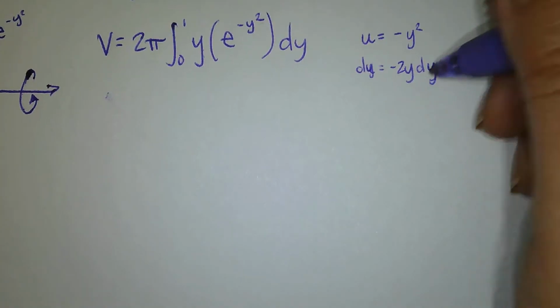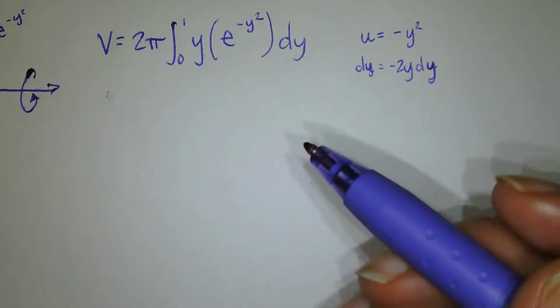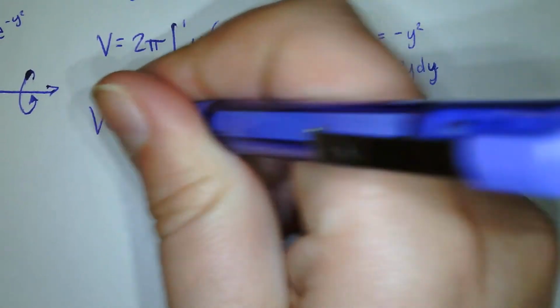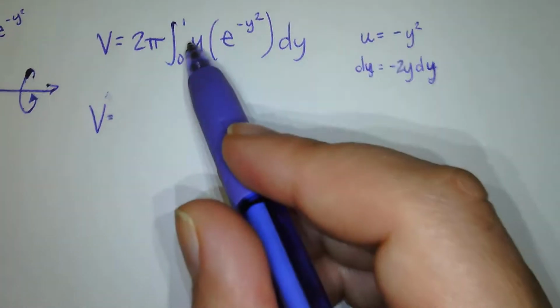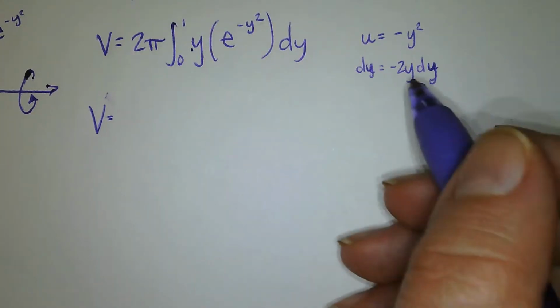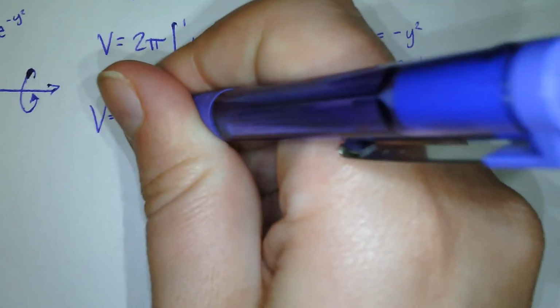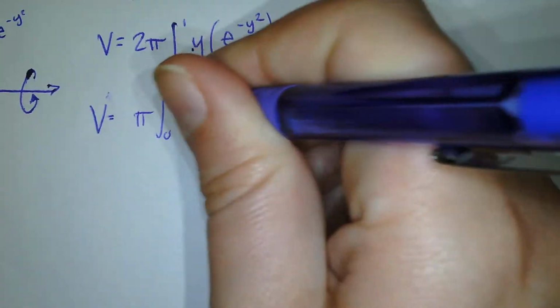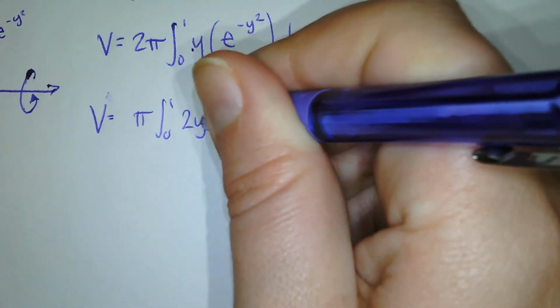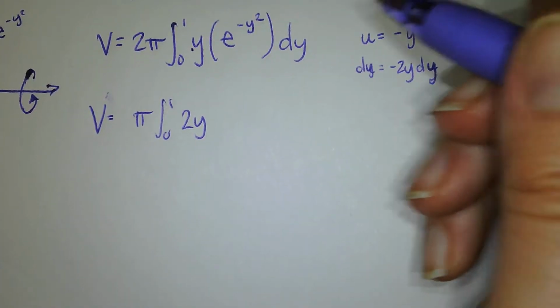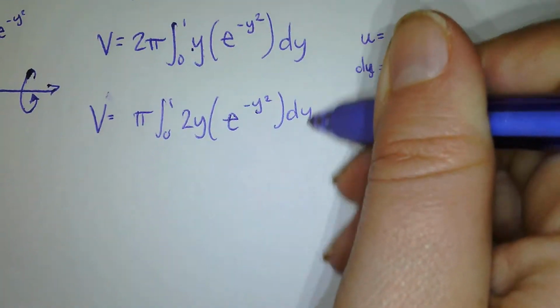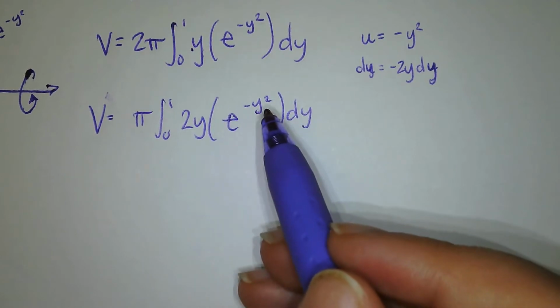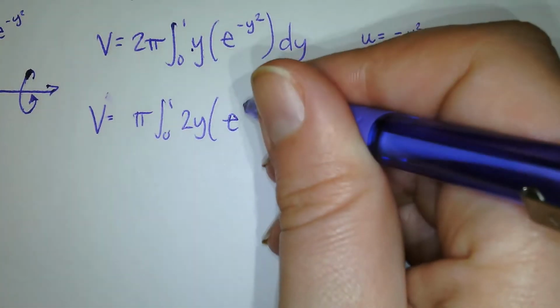Oops. Okay, anyhow, so I'm going to swap out some stuff here. So V is equal to, I'm going to take the 2, because I'm going to need a 2y. I'm going to take the 2 and move it inside. So pi from 0 to 1, 2y e to the negative y squared dy. And then, of course, negative y squared becomes u.